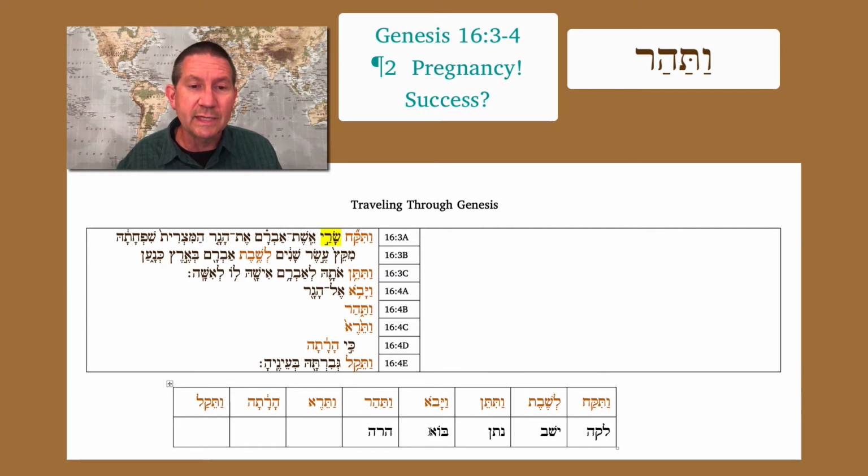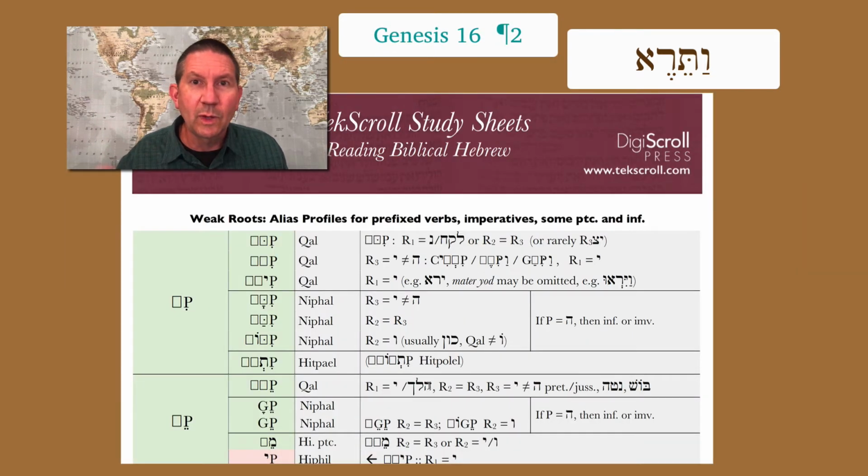The next one is vatera. Again, there's no ending. We have the preterite vav patak dagesh on the front. The tav is the 3fs, and the tav is sitting over top of a tsere. So let's think about these verbs that have the prefix over a tsere. What are our main options? Well, whenever we have an E-class vowel under the prefix, our main options are that it is either cal or nifal.